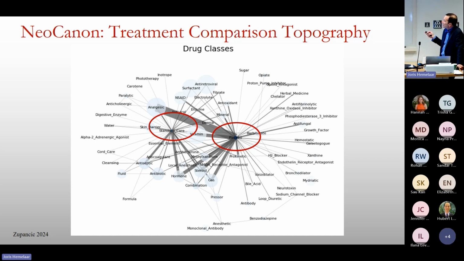The other thing on this graph to notice is that many of these edges, many of the lines, each of which represents a trial comparison, are very thin. The lines are weighted according to the number of replications or duplications of that comparison. And what we see is that with only a few exceptions, analgesia being one of them, most of our studies are actually single study comparisons.